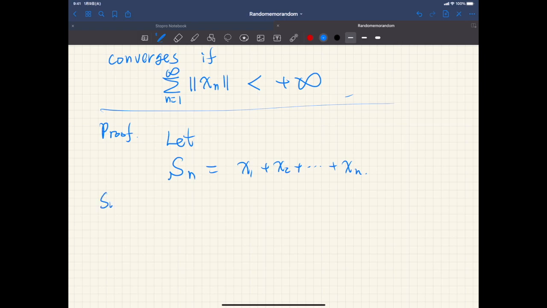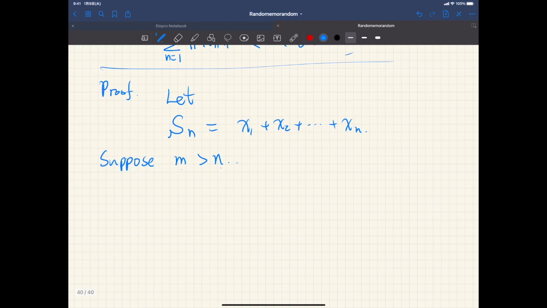Suppose m is greater than n. M and n are both natural numbers. Then the norm of Sm minus Sn is the norm of the sum of xk from n plus 1 to m.